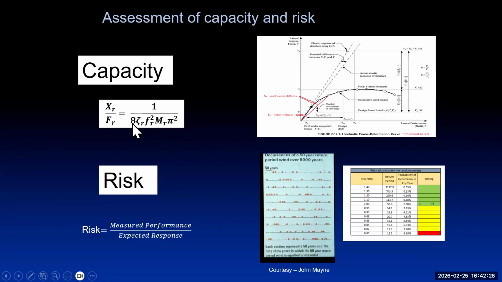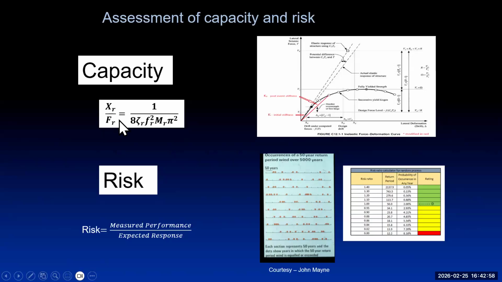What that says is that unlike what we normally do, which is to move the force across to the right-hand side to find out what the displacement is going to be, and we have a lot of rules of thumb saying a particular displacement is okay, we're really interested in x upon f, displacement upon force.